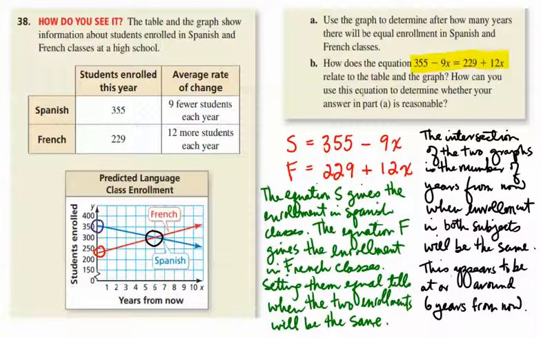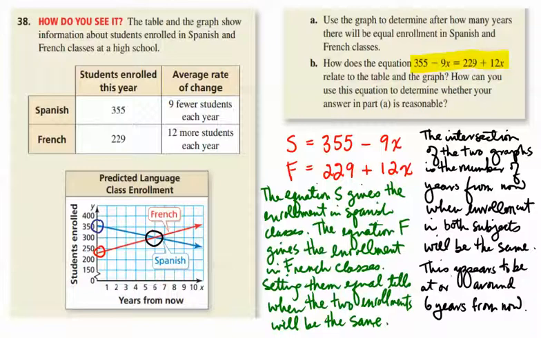And so this is how that equation relates to the table and to the graph. Now, how can we use this equation to determine whether the answer in part A is reasonable? We would solve that equation for x number of years and we should see that it comes out to equal 6 or very closely equal to 6.